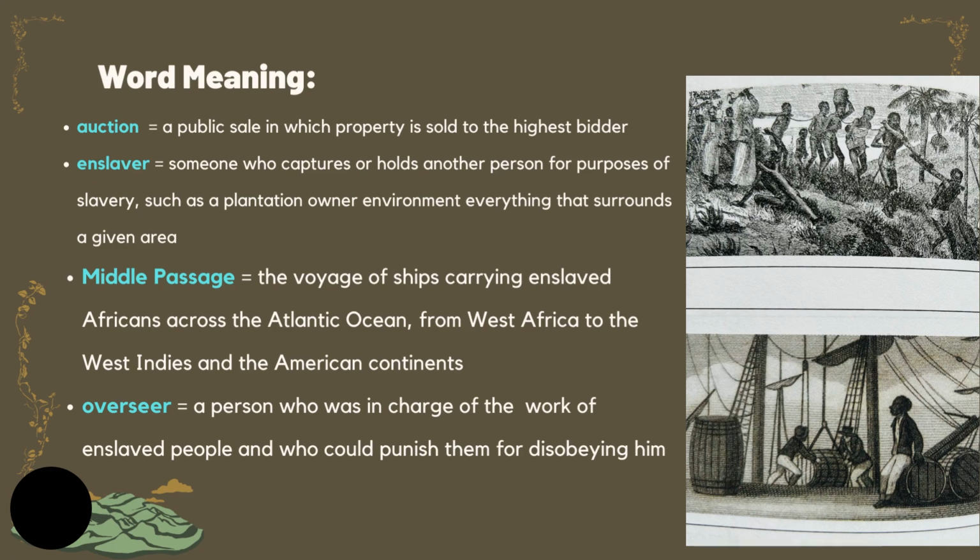Middle Passage: the voyage of ships carrying enslaved Africans across the Atlantic Ocean from West Africa to the West Indies and the American continents. Overseer: a person who was in charge of the work of enslaved people and who could punish them for disobeying him.